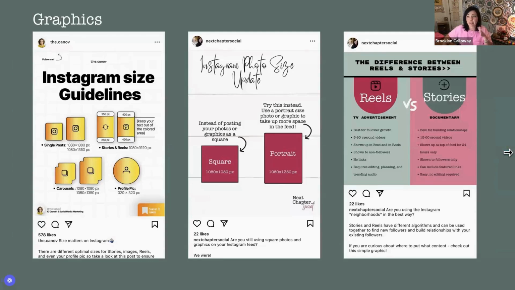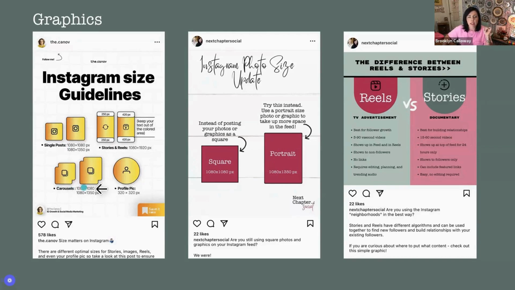These are graphic posts that are informative. Instagram size guidelines. So keep your text out of the colored area. Well, I would call that white part, not the colored area, but whatever. Single post can either be 1080 by 1080 or 1080 by 1350, up to you.